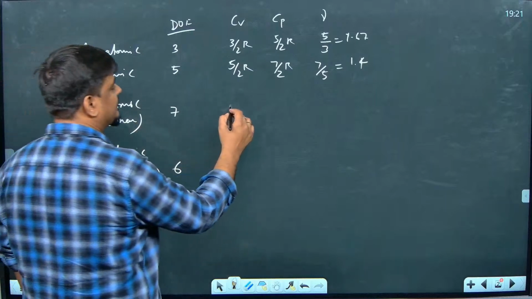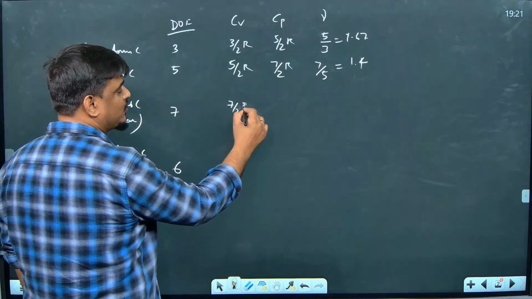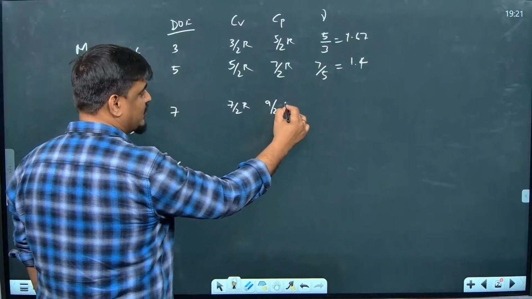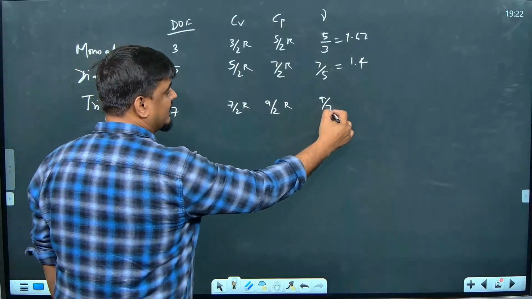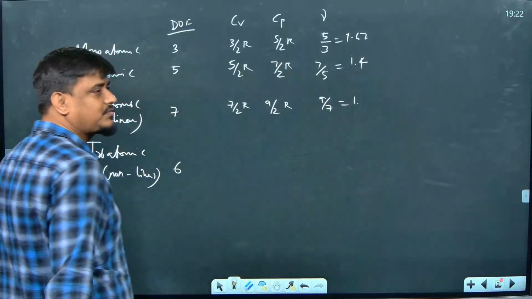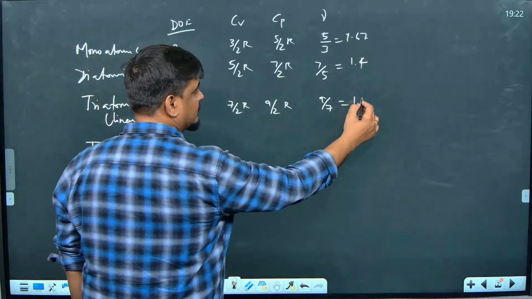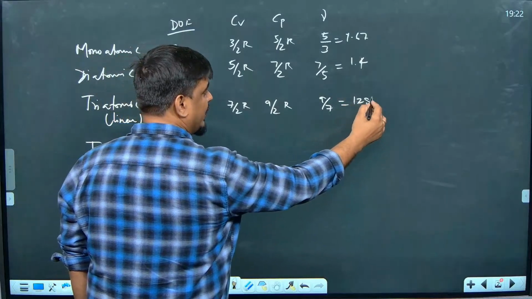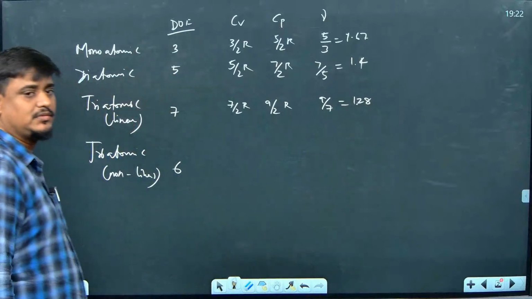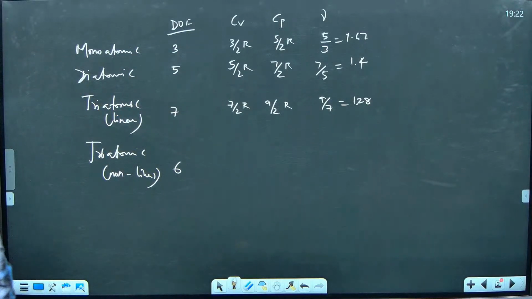Triatomic linear: Cv is 7 by 2 R, Cp is 9 by 2 R, and gamma is 9 by 7, which is 1.28.